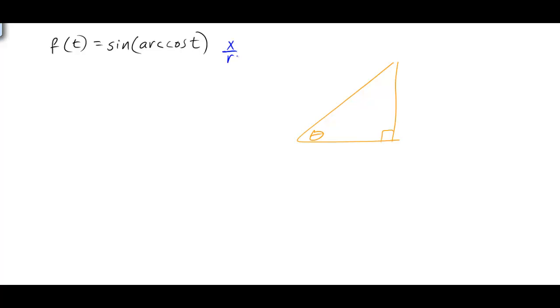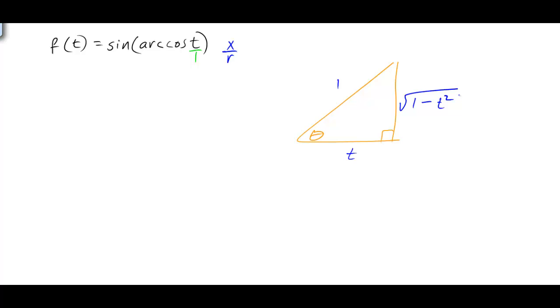So if we rewrite this, we can actually eliminate our trig functions and perform this derivative using more of an algebraic expression. So arc cosine of t, well, we know that the cosine is x over r. So we could think of this as t over 1. So then our x is going to be t, our hypotenuse is going to be 1, and if we want to find the missing side using the Pythagorean theorem, it's the square root of 1 squared, which is 1, minus t squared.